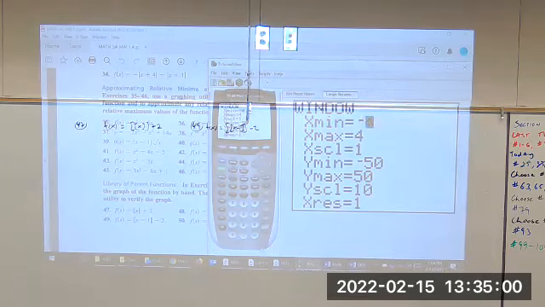I'm just going to go -2, +4, and scale of 1 on the y-axis. -3 all the way up to +2, my bad. -3 up to about 6.